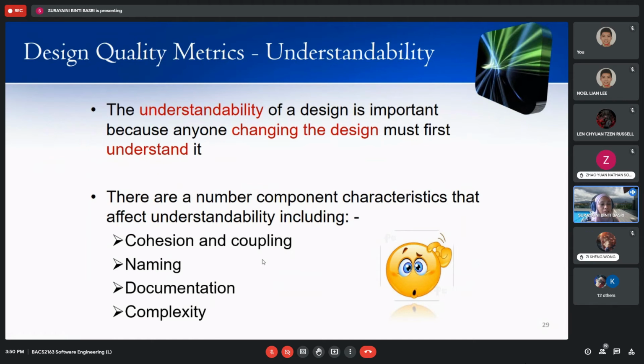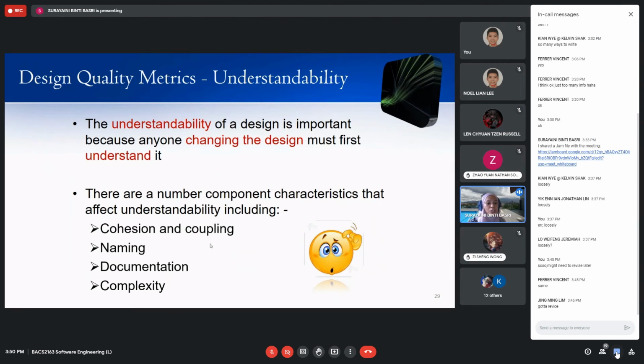You can say that the design of your system has a good understandability feature if it is consistent with the SRS.